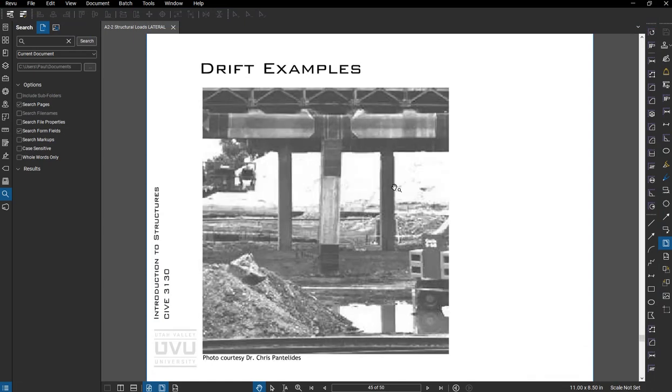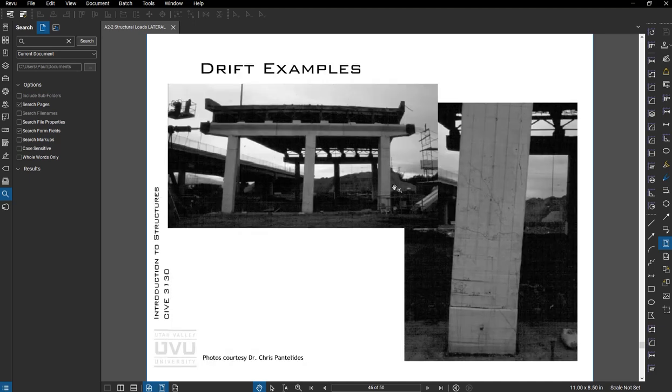Let's talk about drift. So drift is the relative story displacement between two floors. So if I'm on floor 50 of a building and 51, the drift between those two floors is what I want to look at, or any floor, but I want to limit it to a certain amount so I don't have too much damage to the building.